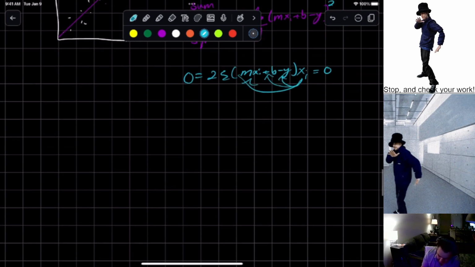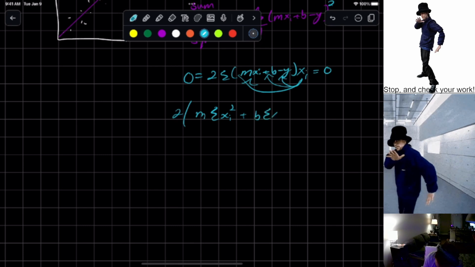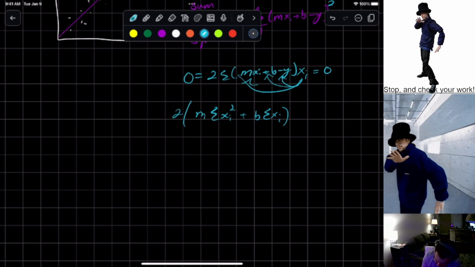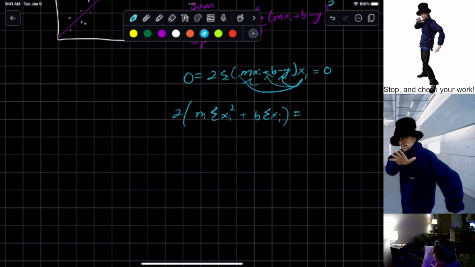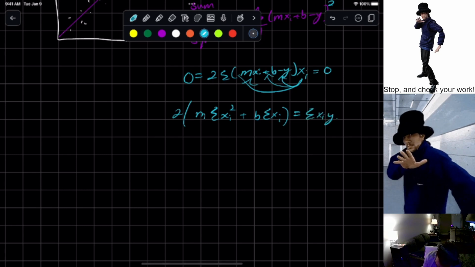That gets us to 2 times m sum xi squared plus b sum xi, and then we'll just move the yi over, giving xi yi.